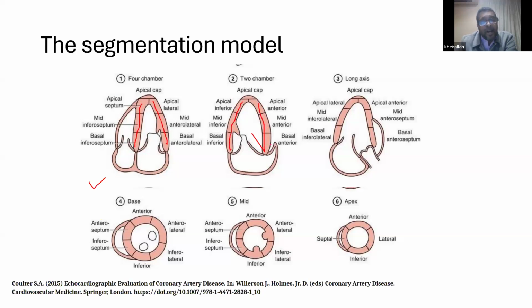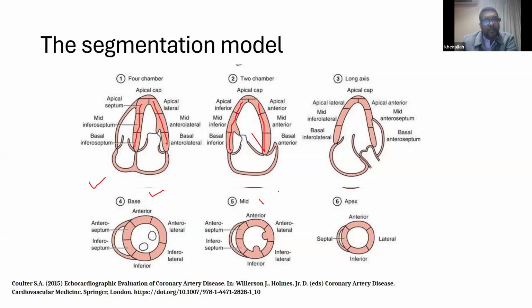Then it is divided into basal, mid, and apical. But all of it is called anterior. And this is inferior. This is lateral, and this is inferior septum. And this is anterior septum, and this is inferolateral. Yes? When we come to the short axis, it might be more informative because the short axis is sliced across 3 levels like we discussed last time.